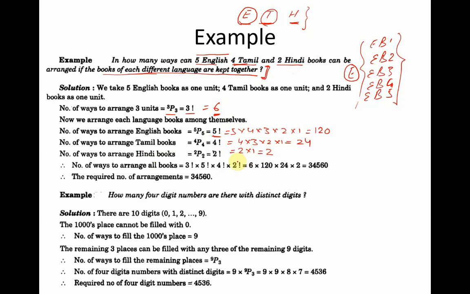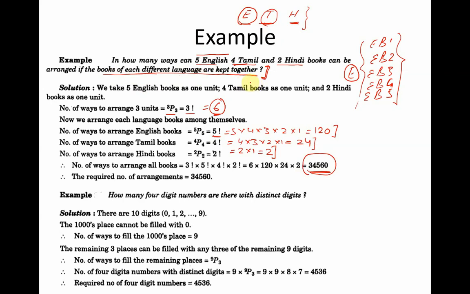And so the number of ways to arrange all the books is this 6 for arranging the units, multiplied by the arrangement of English books, multiplied by the arrangement of Tamil books, and multiplied by the arrangement of Hindi books. So that gives me a value of 34,560. So this is the number of ways in which I can arrange these books, provided that the books of different languages are kept together.